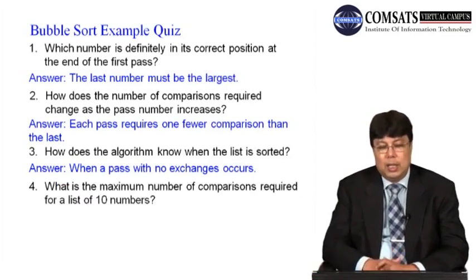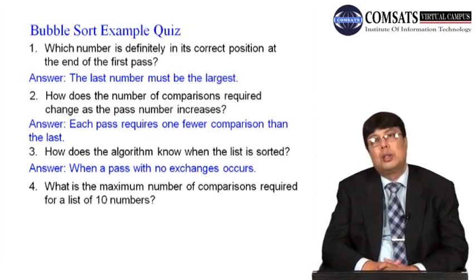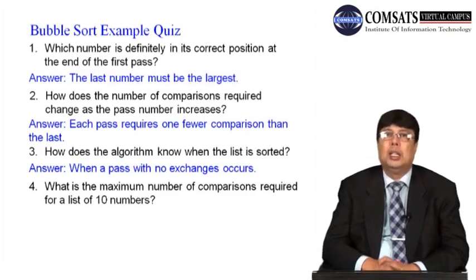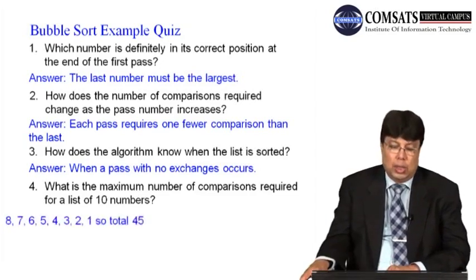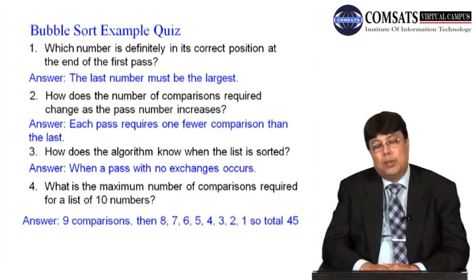Final question. What is the maximum number of comparisons required for a list of 10 numbers? Obviously, I told you in the beginning that n-1 comparisons are needed for n elements, so the answer is 9 comparisons in the first pass, then 8 in the second.